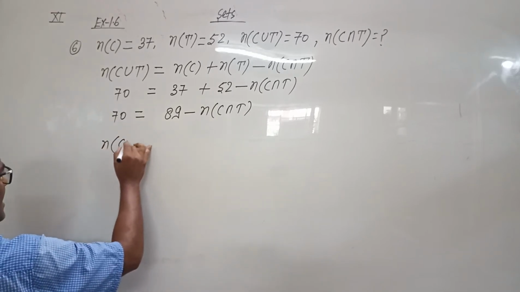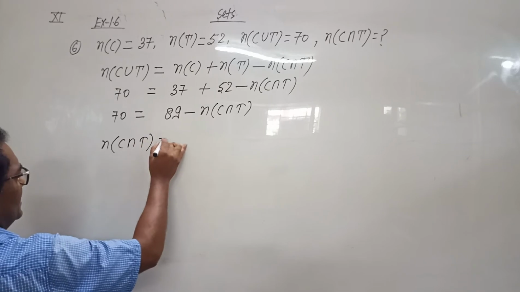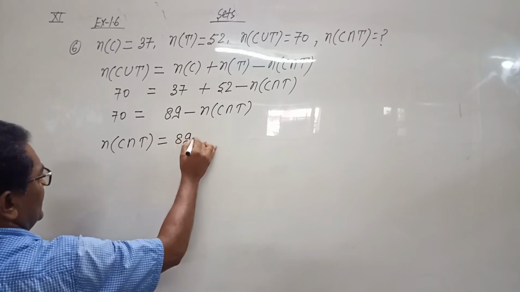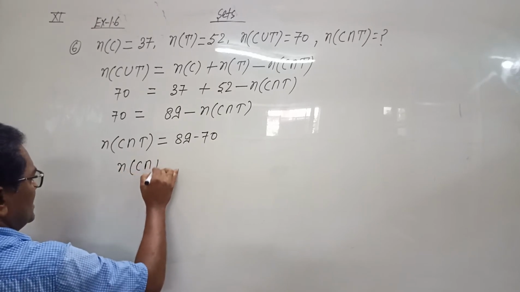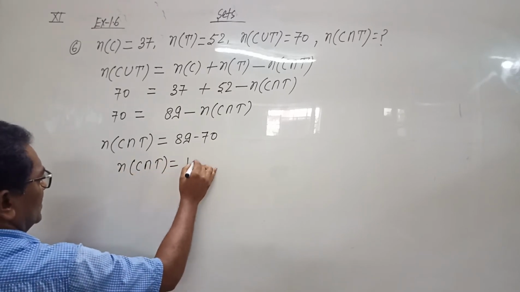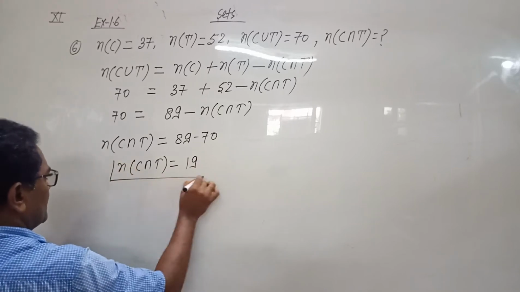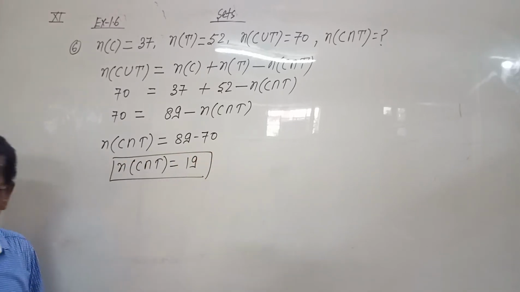So n of C intersection T equals 89 minus 70, and we get n of C intersection T equals 19. So the number of people who like both coffee and tea is 19.